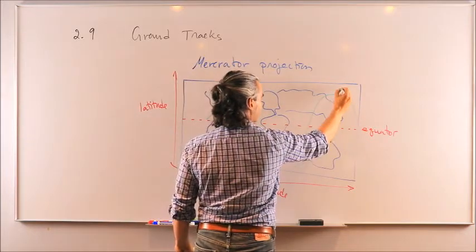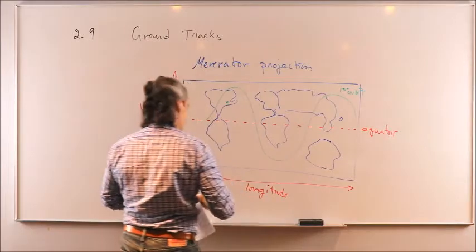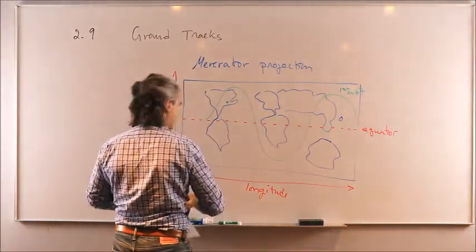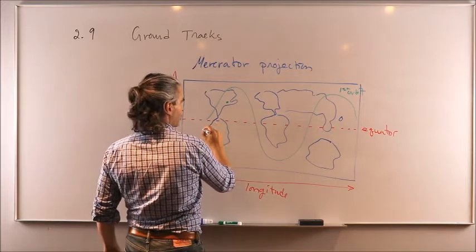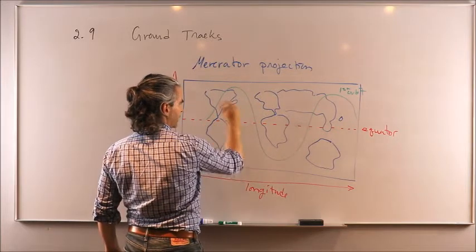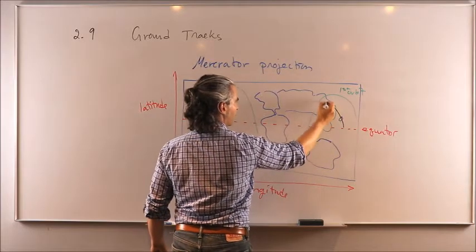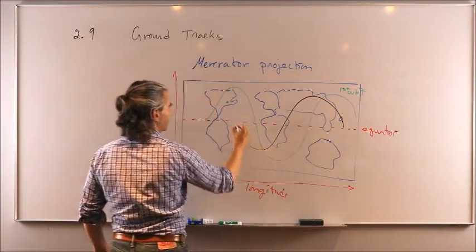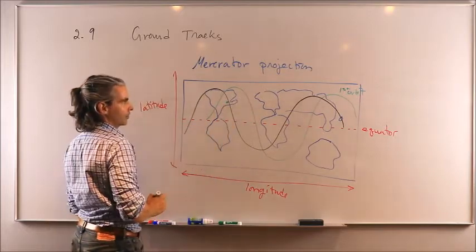So that would be, say, the first orbit of a given spacecraft. And then the second orbit would be, well, they need to join. So it's not that accurate, but anyway, the second orbit would start a little bit more to the left, something like this, flying right over Ottawa for this orbit.